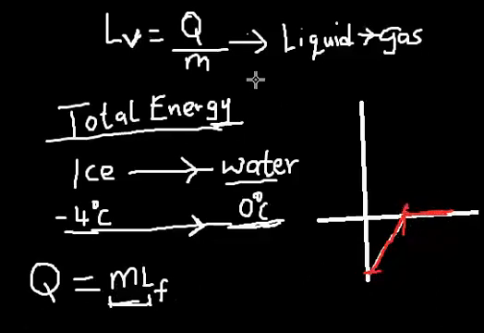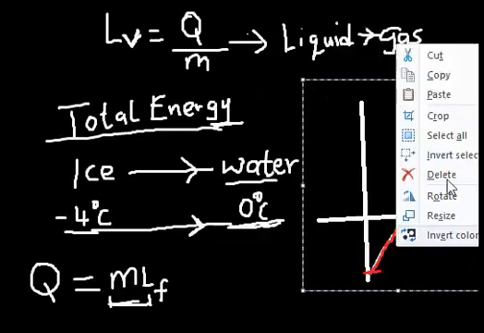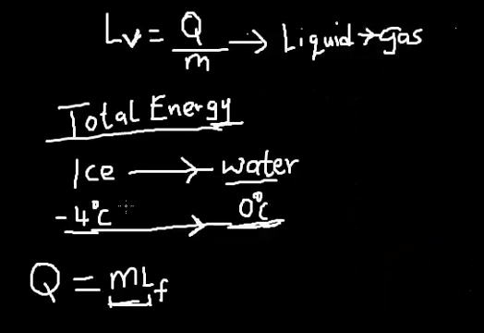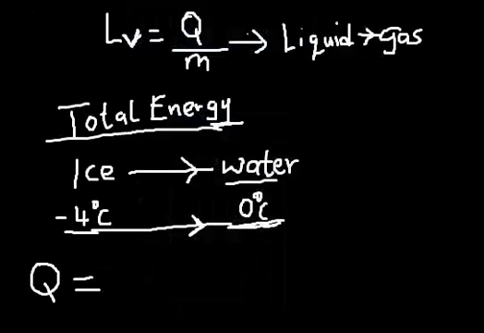So in this case, if you are being asked to find the total energy, it is going to be, first of all, let me write it in order, the energy required to raise the temperature of this particular body from -4 degrees Celsius to 0 degrees Celsius.